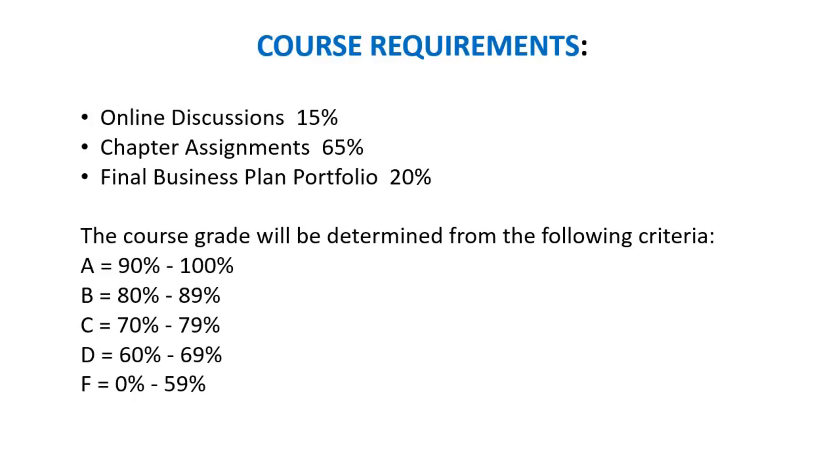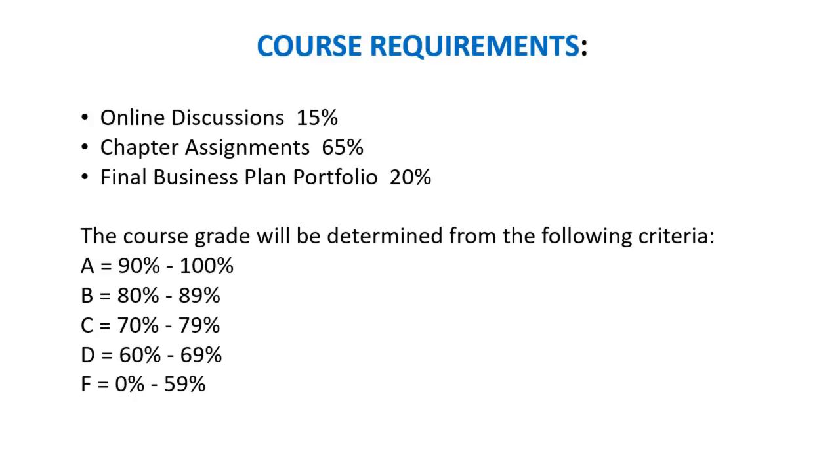The posts and responses will be due on specific dates that are listed in the course schedule, so make sure to go to that tab and look at those, but it'll be the same days throughout the semester. Also, you need to refer to your rubric to see what you will be graded on for your online discussions.